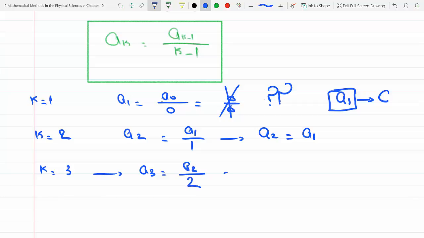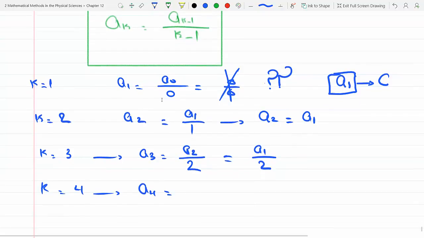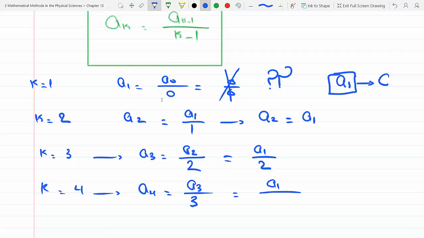And a2 is a1, so this would be a1 over 2. Okay, and if k equals 4, I get a4 to be a3 over 3. So now k is 4, so 3, and a3 is a1 over 2, so this becomes a1 over 2 times 3.